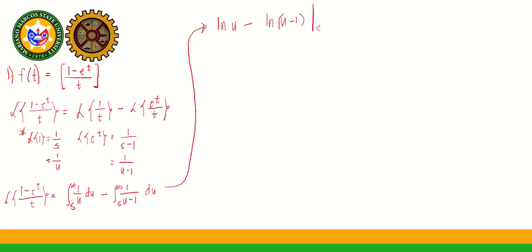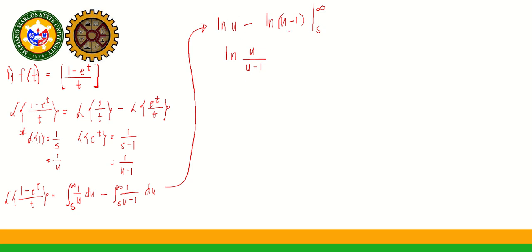Limits, of course, from s to infinity. Now, pwede natin siyang i-rewrite. From the laws of natural logarithm, we can rewrite this into ln of, since subtraction yung operation natin, we can transform this into u over u minus 1.